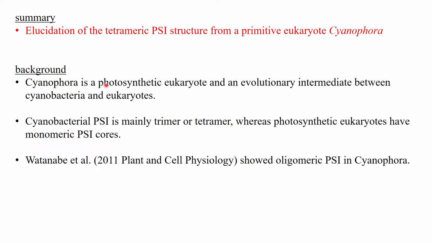Cyanophora is a photosynthetic eukaryote and an evolutionary intermediate between cyanobacteria and photosynthetic eukaryotes. Cyanobacterial PS1 is mainly trimer or tetramer, whereas photosynthetic eukaryotes have monomeric PS1 cores.